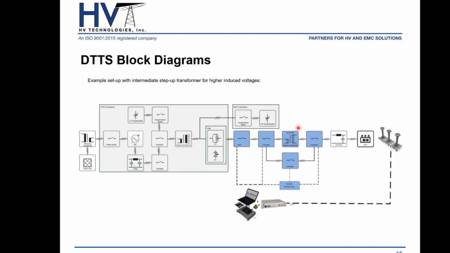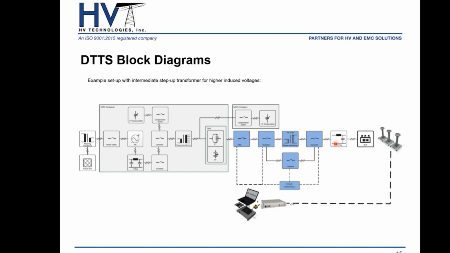And then finally, this is an example of a DTTS 5000. For voltage outputs higher than 2.4 kV, we can provide a step-up transformer. So basically, your input goes through the same DTTS container with the frequency converter and the step-up transformer. And then from the step-up transformer, you would feed to your intermediate step-up transformer for your higher induced voltages.